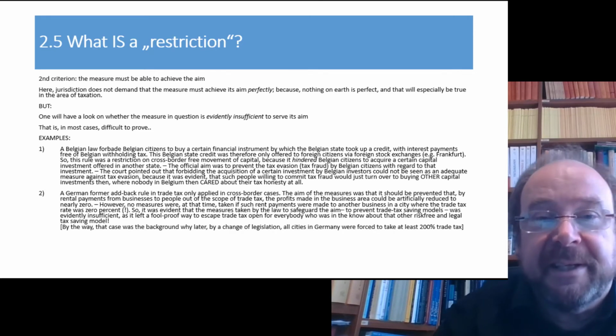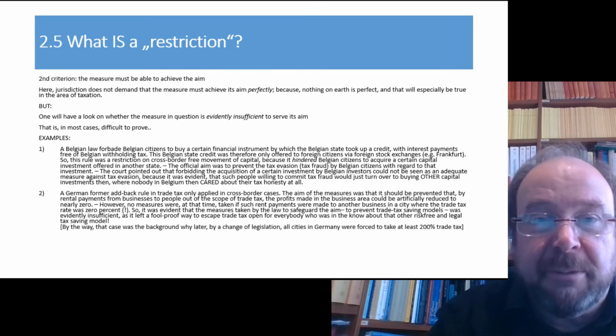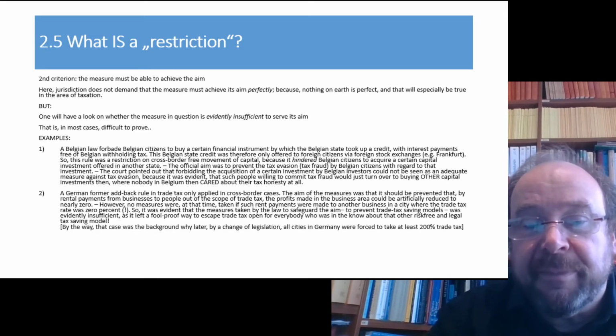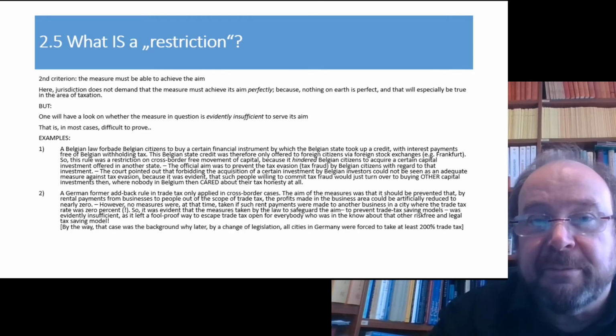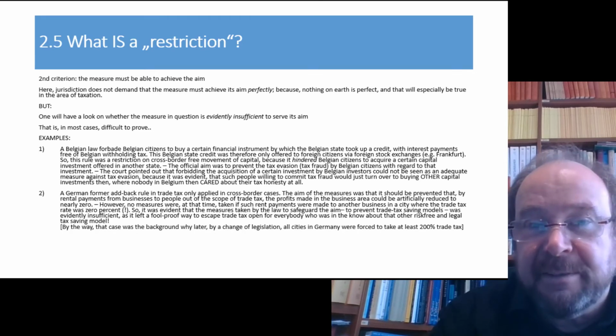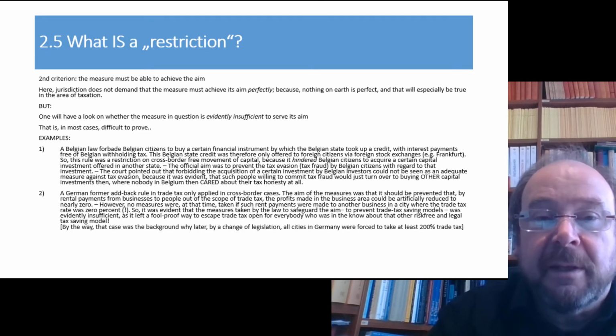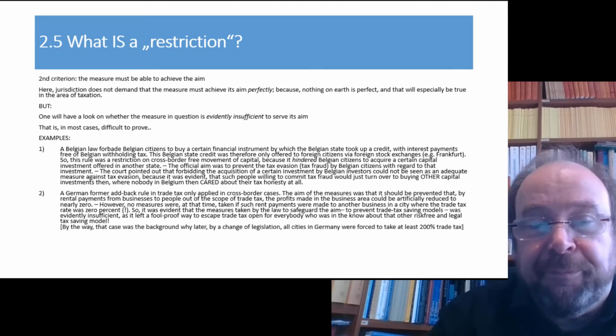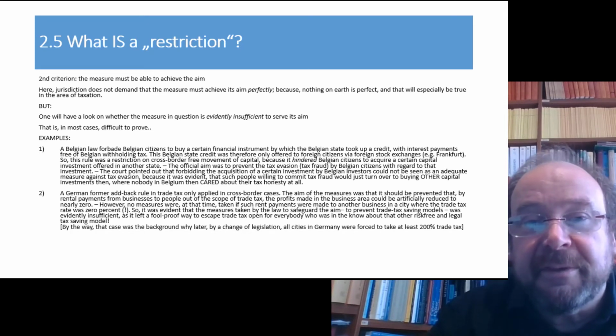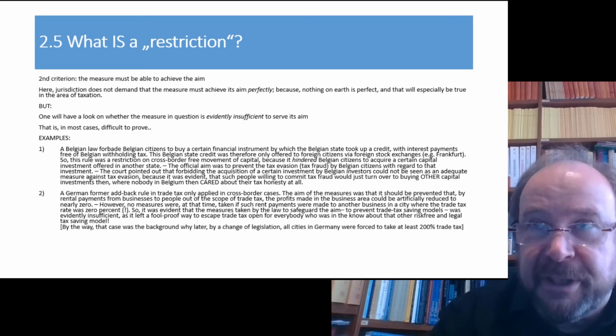A similar case historically happened in Germany. That was the famous Eurowings case, where the case was about the former treatment of add-backs of rent payments for assets leased by a company in Germany, if the rent payments were made to a recipient who was not subject with that amount to trade tax.